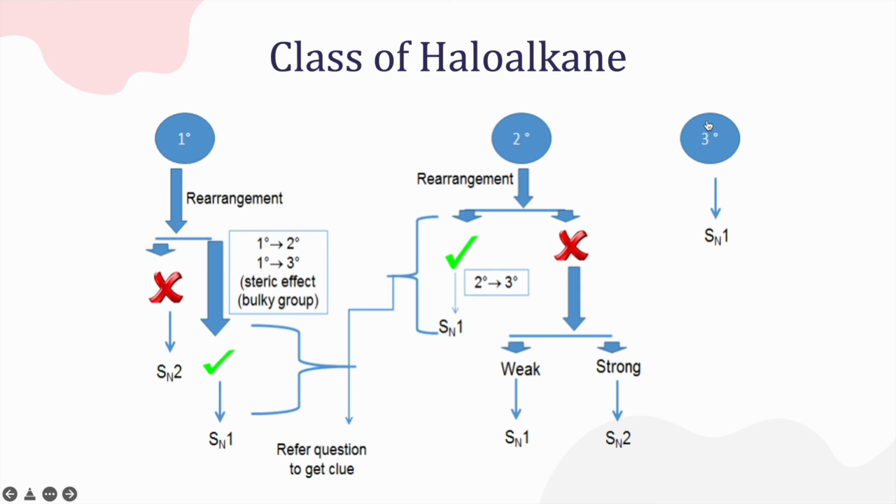And tertiary prefers SN1, because it is bulky. Even if the nucleophile is very strong, it cannot do the backside attack because it's very bulky, so it prefers SN1. Form the carbocation first, and then the nucleophile will attack the carbocation.